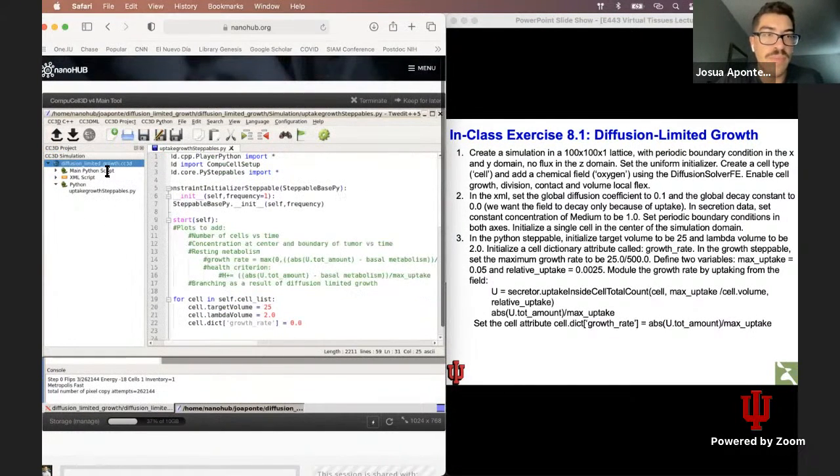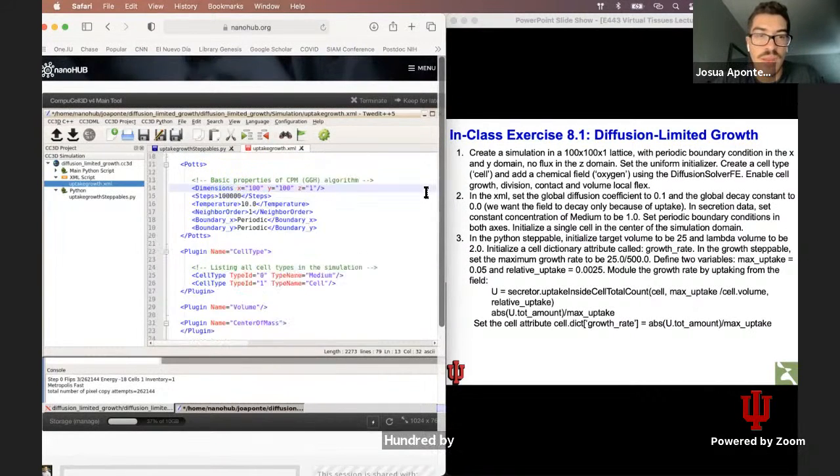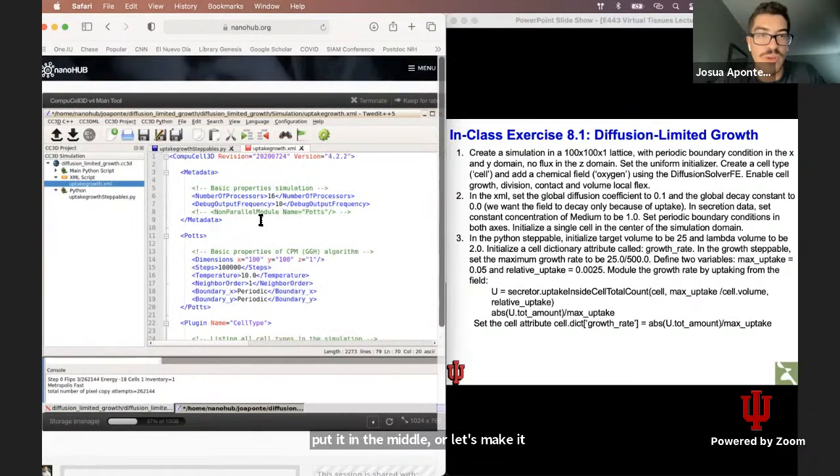Let's make this a little bit smaller, 100 by 100, and put it in the middle, or let's make it 200 by 200.